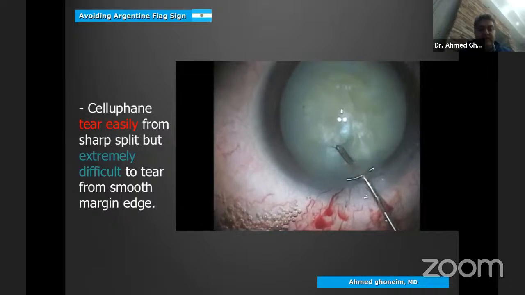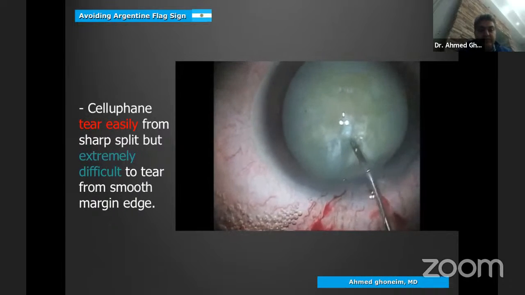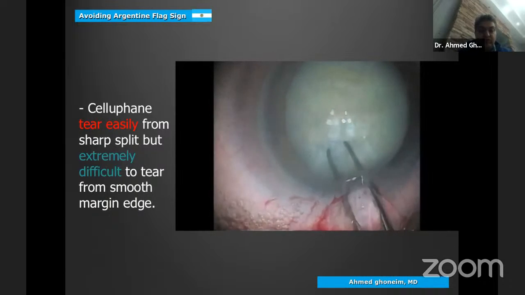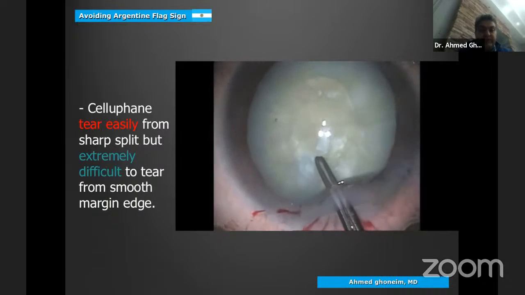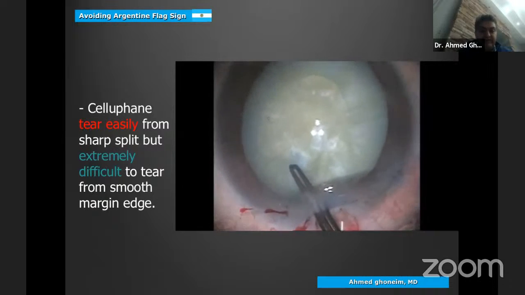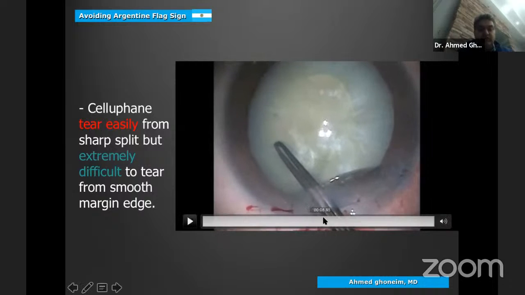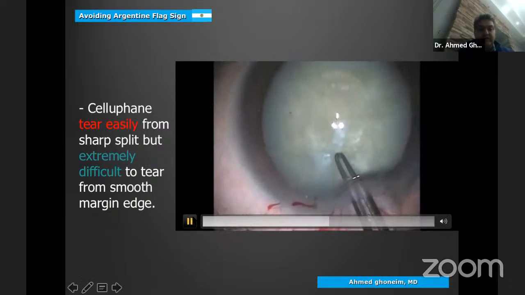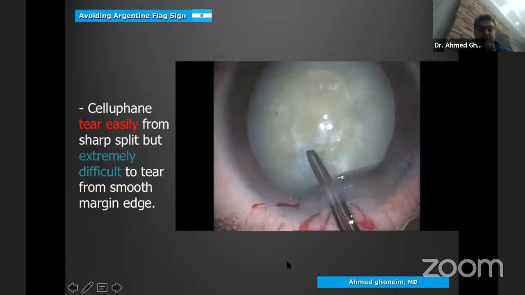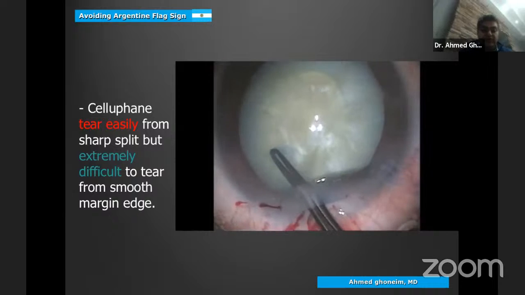And we have to know that the rhexis or the capsule edge is very strong until you affect its integrity. So here, we can feel the click I'm doing to widen the rhexis. You can see this click. That means how strong the rhexis is.